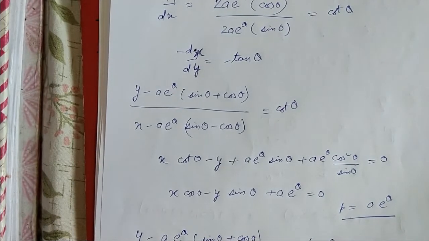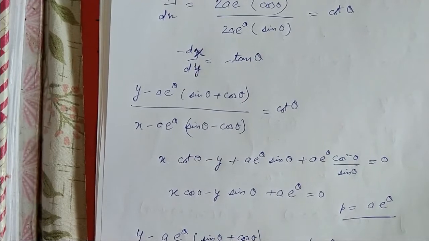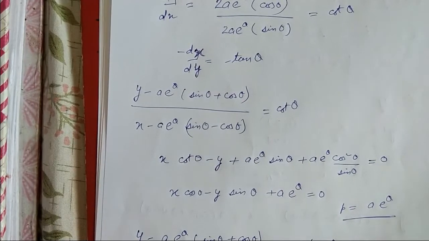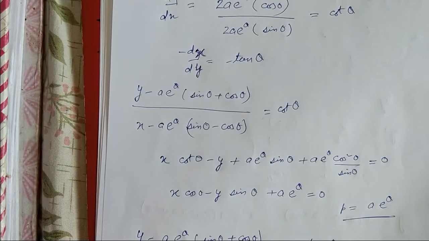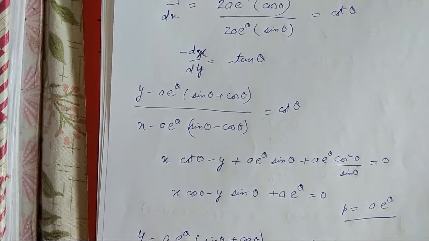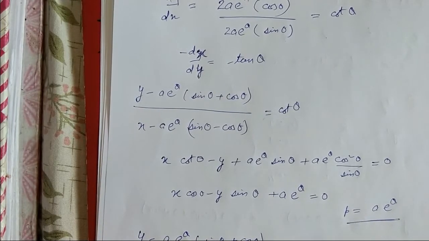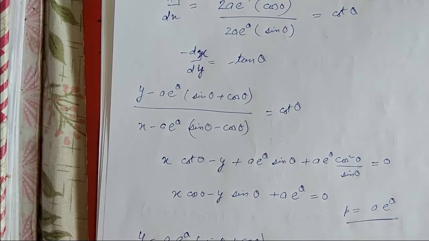Simplifying, we get y plus x tan theta equal to a e power theta sin theta plus a e power theta cos theta plus a e power theta sin theta tan theta minus 1.